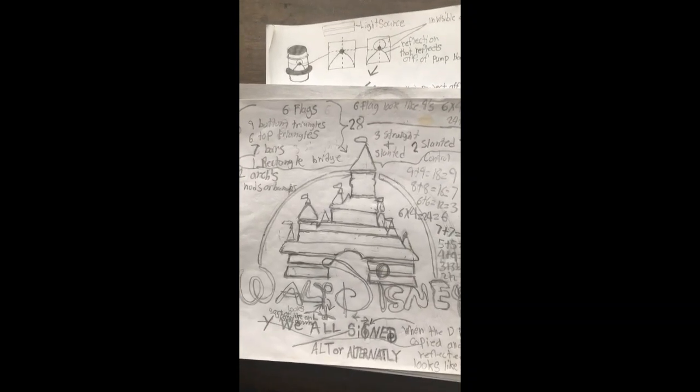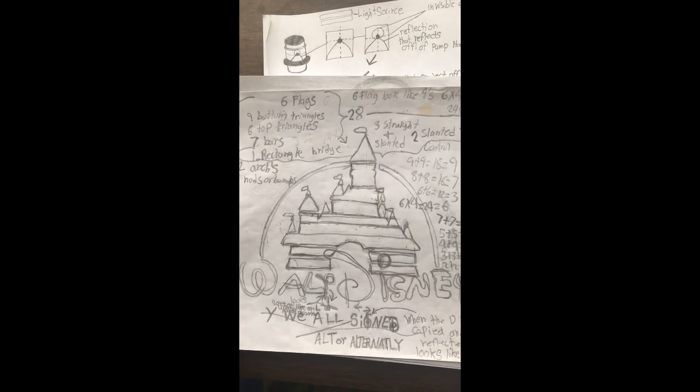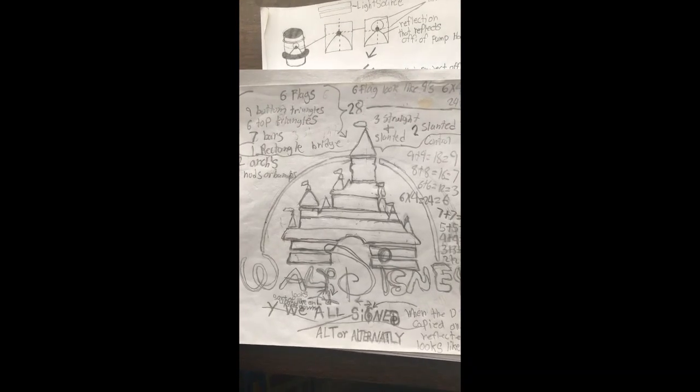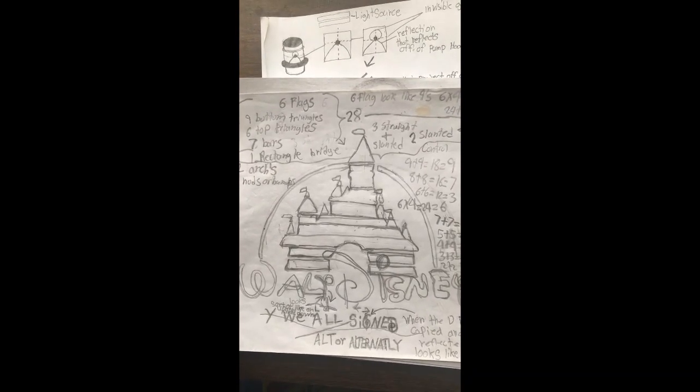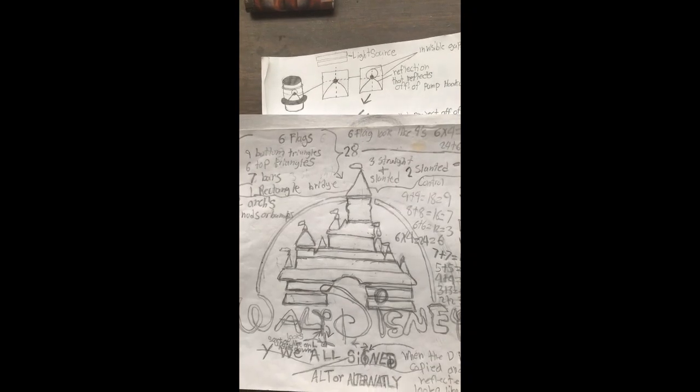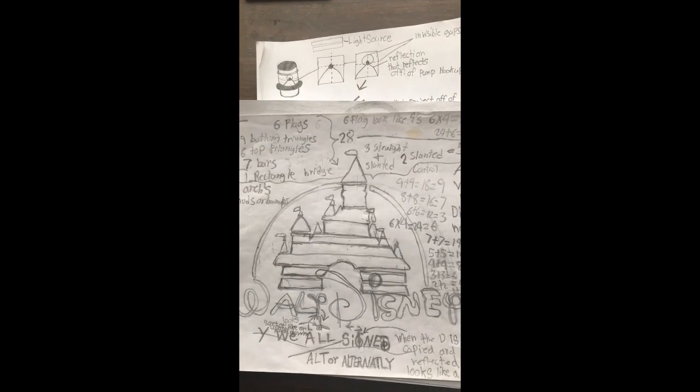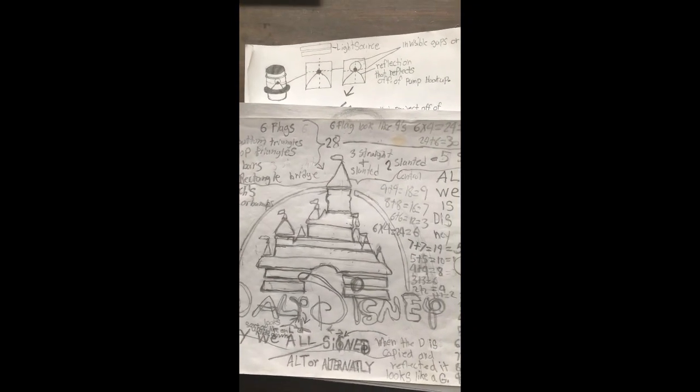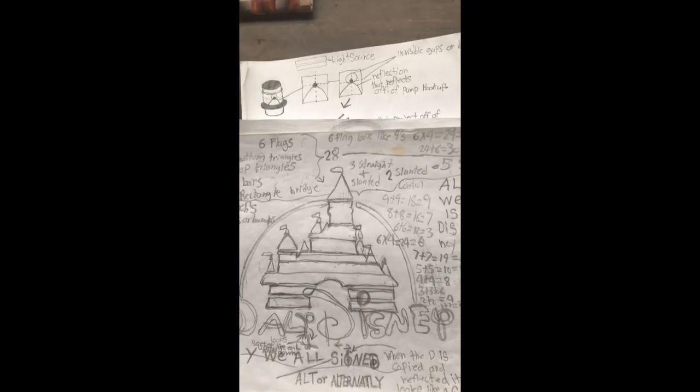So basically it says why we all signed, or you can say all or all alternately, but it spells why we all signed, our soul contract, why we're here. That's what it's about.